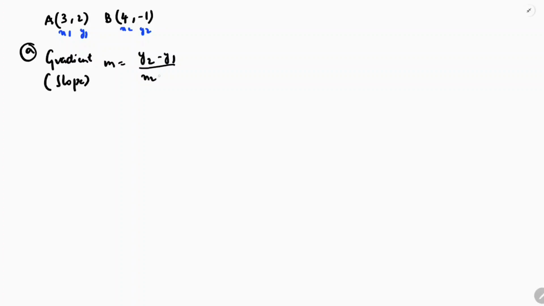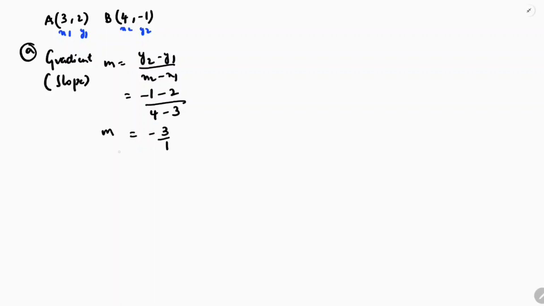Now for this, the first one is gradient. Here this is x1 y1, x2 y2. So gradient or slope m, the formula is (y2 minus y1) by (x2 minus x1), minus 1 minus 2 by 4 minus 3, which is minus 3 by 1.